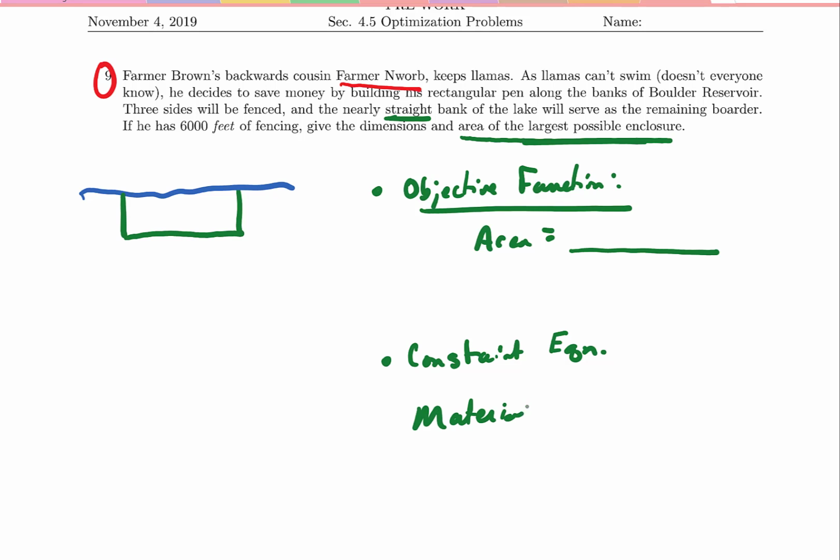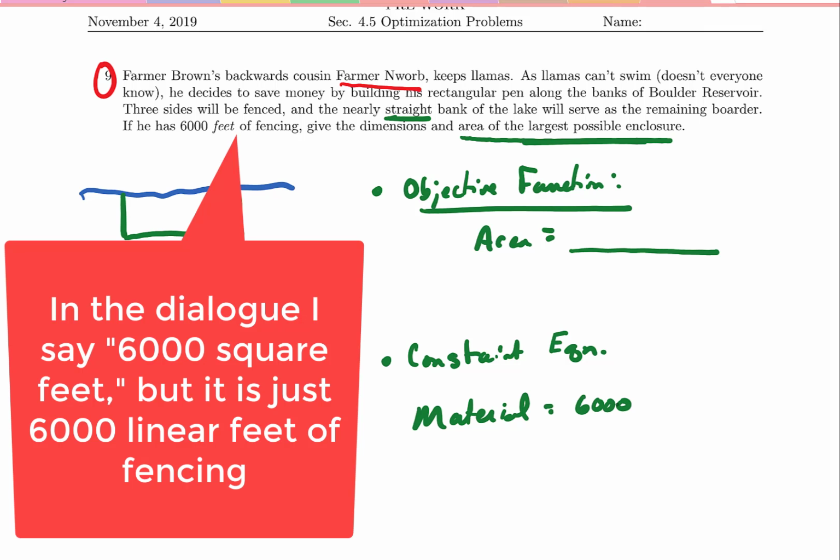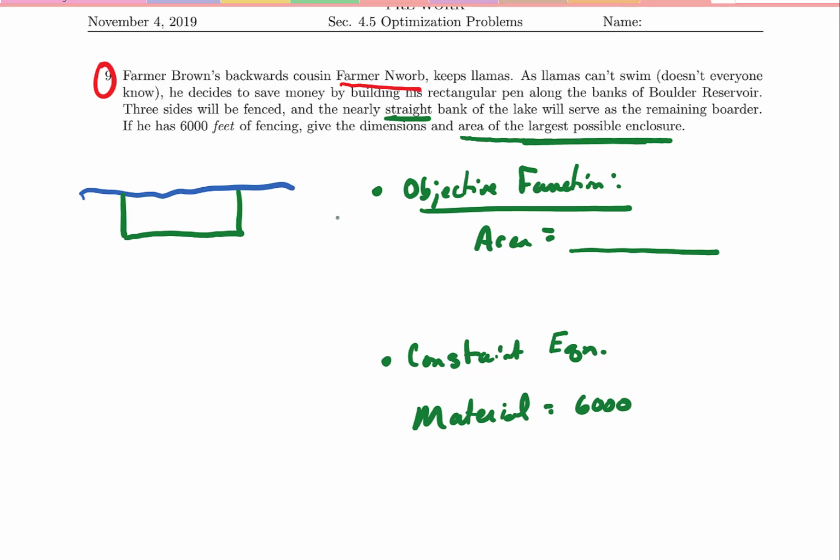In this case, he only has 6,000 square feet of fencing. So a lot of the variables are going to represent the same thing in this problem, but notice that the objective function is now an area function, and the constraint equation is now a materials equation. Give it your best shot, and then we'll take a look at it again tomorrow.